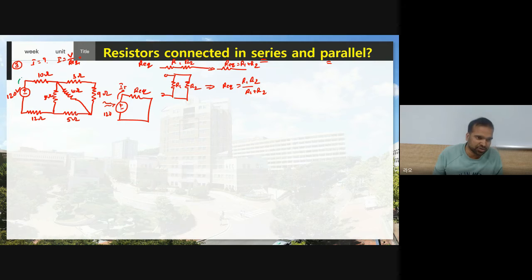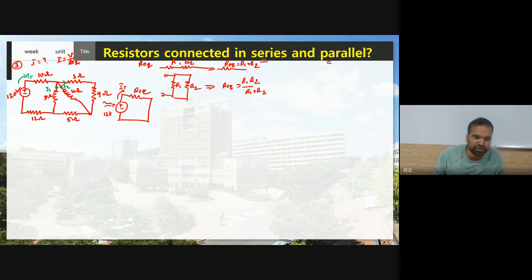Now let us assume IT is flowing from the source. What current is flowing? IT. After coming here, what happened? This IT will go towards the 8 ohm, 4 ohm and 3 ohm. Let us consider I1 current is flowing in the 8 ohm resistor. This is just our assumption. Now in the 4 ohm resistor I2 is flowing.